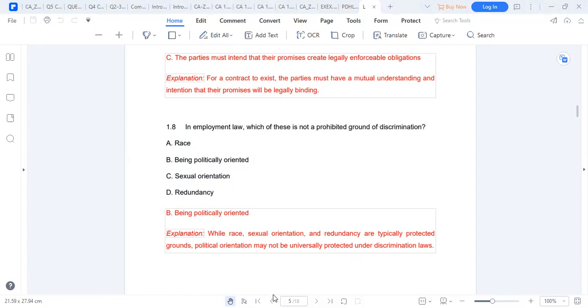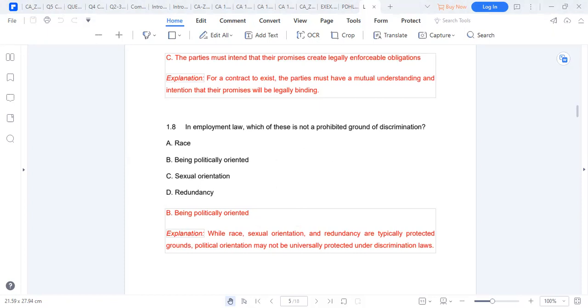So which one, in short, does not give ground for you to discriminate against somebody? Which one of these is not a prohibited ground? Where are you allowed to discriminate on each of these? In short, which of these provisions are not provided by the law?